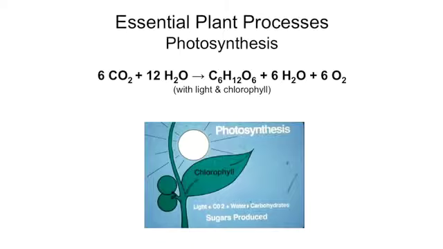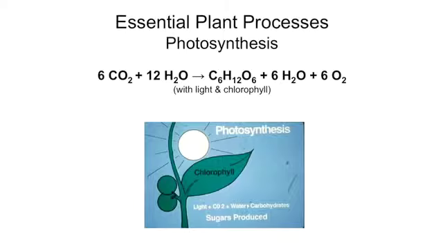Carbon dioxide is CO2, water is H2O. When those are present and combined in the presence of light and chlorophyll, the energy of light, enabled by chlorophyll, breaks the bonds between these atoms in water and carbon dioxide and enables them to reconfigure. We still have C, O, and H in here.